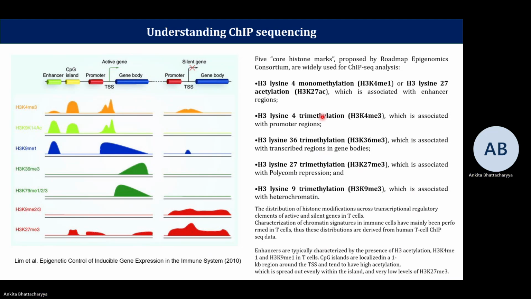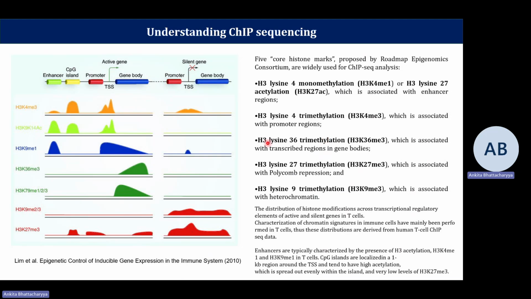H3K4me3 is going to tell you whether it's bound to a promoter region. Then you have H3K36me3 for actively transcribed regions, H3K27me3 for Polycomb group protein driven repression, and H3K9me3, which is associated with heterochromatinization of certain regions, which is again a shutting down of transcription.